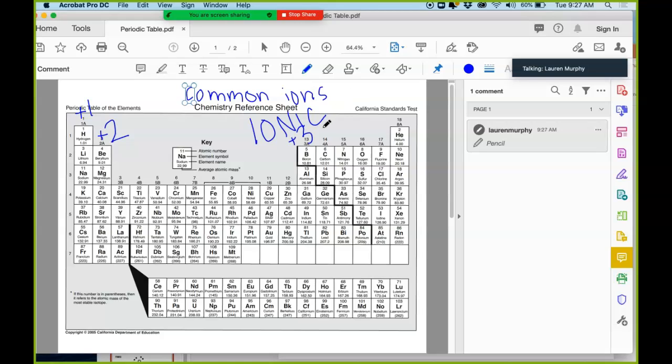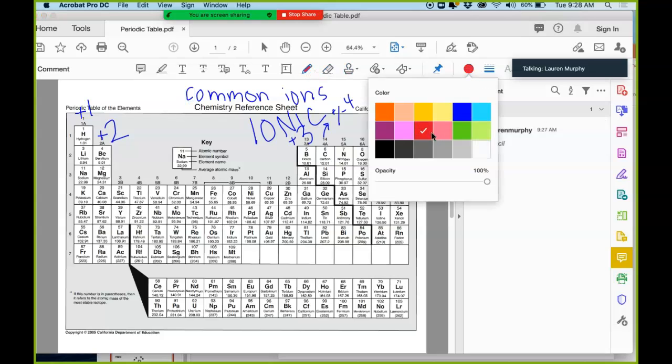Now, this is where it gets different. The carbon family is ±4. Meaning it can just as easily lose 4 as it can gain 4. Now here's where nitrogen gets funky. What is this nitrogen family? Well, the nitrogen family has 5 valence electrons.